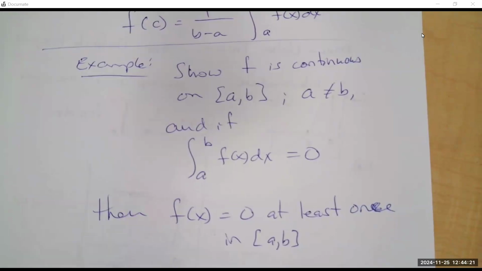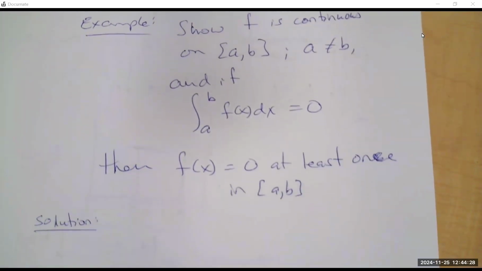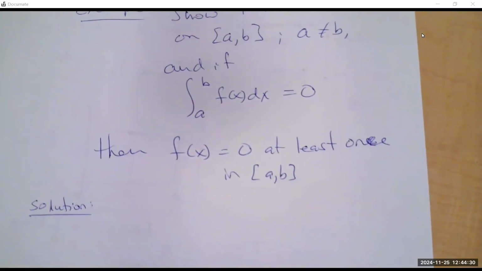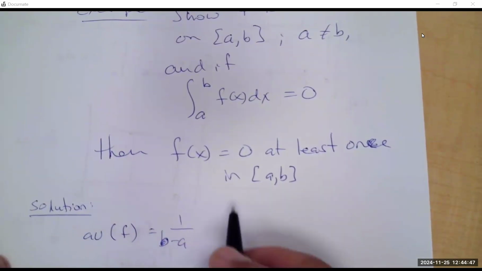So how do we start this? As we were just talking about, if the integral exists, that means we have to be able to find an average value of f, which is 1 over b minus a times the integral.